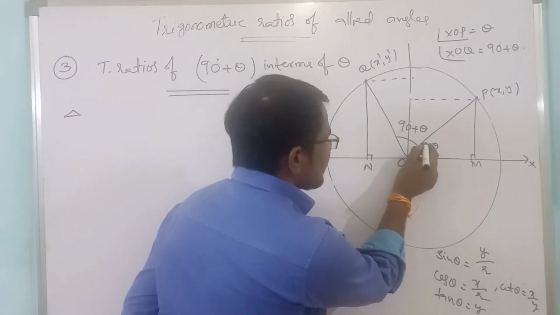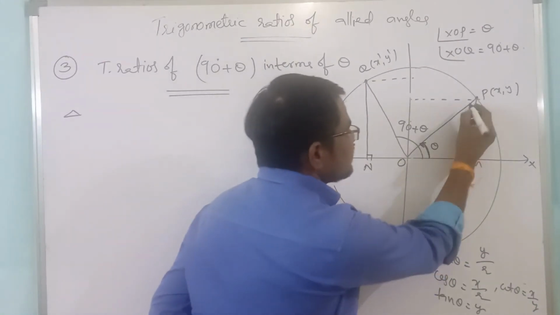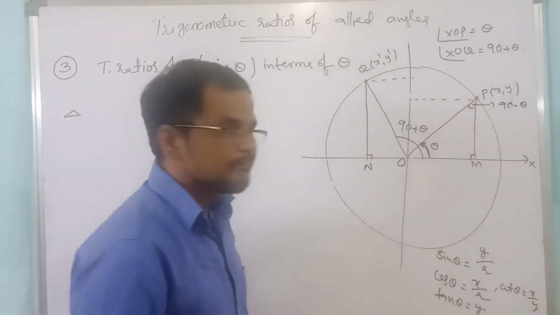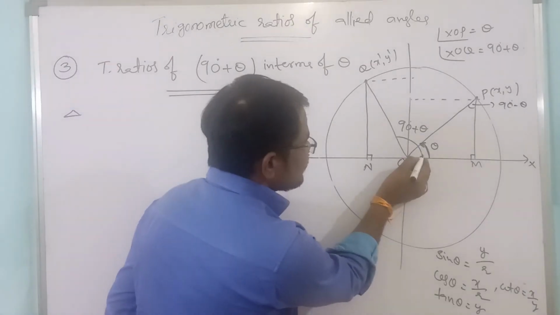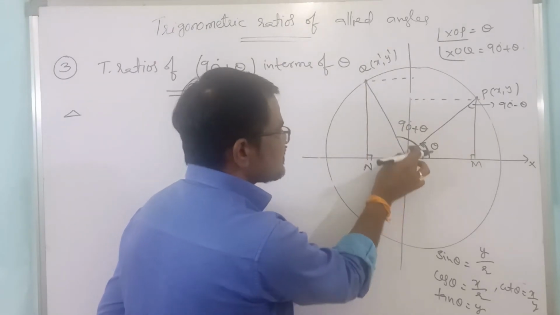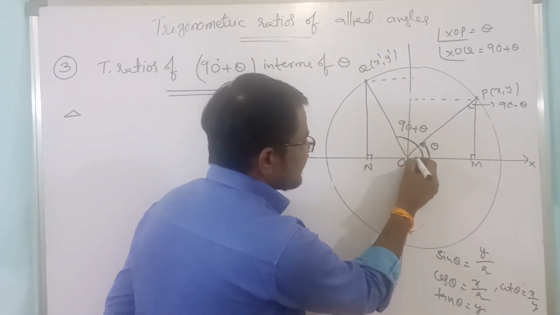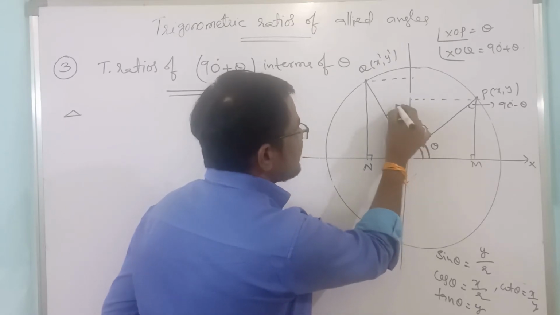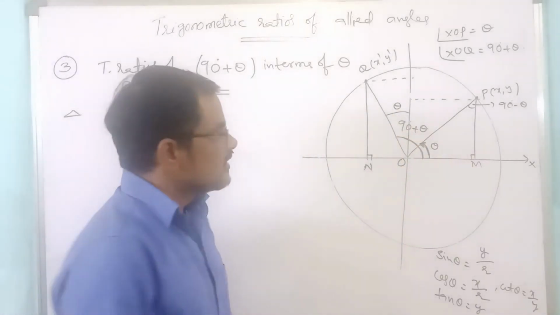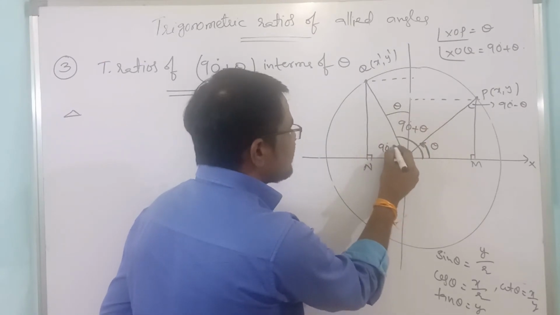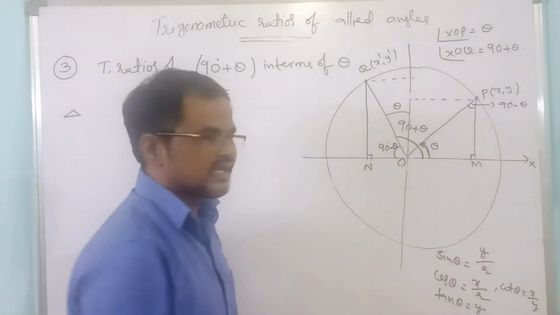Here this is theta, here 90, so definitely here it is 90 minus theta. Now OQ makes 90 plus theta angle, but here it is a right angle, 90 degrees, so definitely it is theta. Since it is theta, this is 90 minus theta, because the total is a right angle triangle.